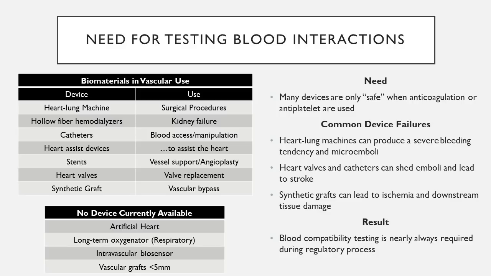There are a number of reasons why these devices could fail. Heart-lung machines have a tendency to produce severe bleeding and microemboli. Heart valves and catheters can shed emboli that can lead to stroke as that blood clot travels to the brain and occludes blood from getting where it needs to be. And also synthetic grafts can lead to ischemia and even downstream tissue damage when they're deprived of oxygen. Because of this, devices that come into direct contact with blood nearly always require regulatory testing.